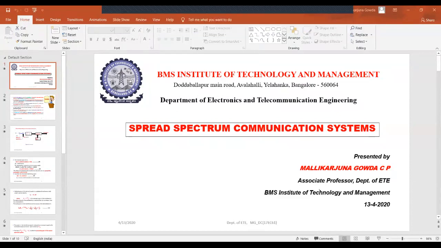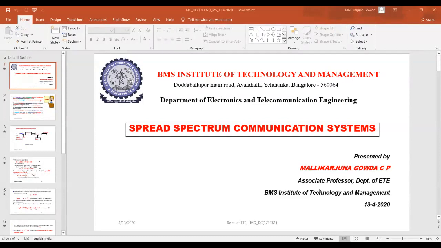So I said the spread spectrum communication model has a channel encoder and channel decoder, then modulator and demodulator. In addition to these four blocks, it has a pseudo noise code generator in the modulator and demodulator. That is the difference between a conventional communication system and the spread spectrum communication system.